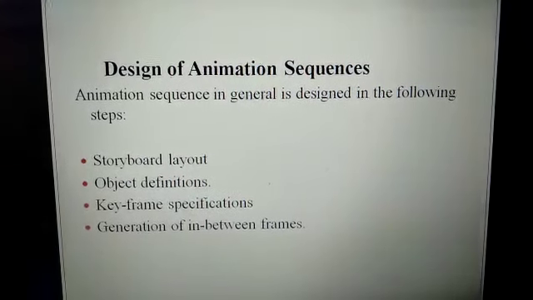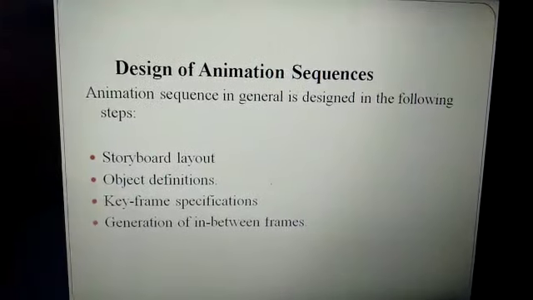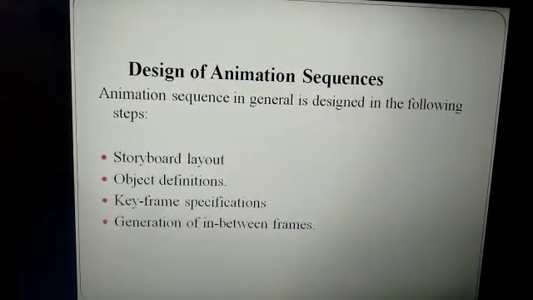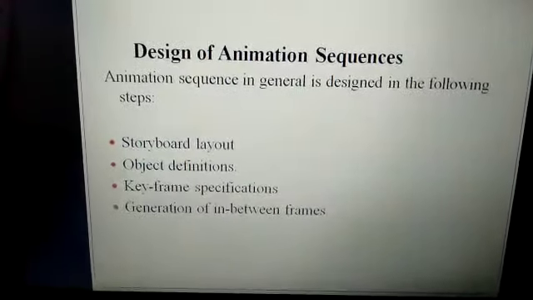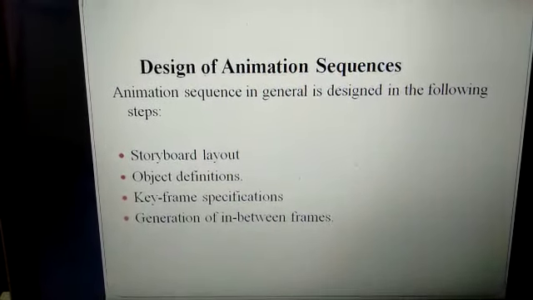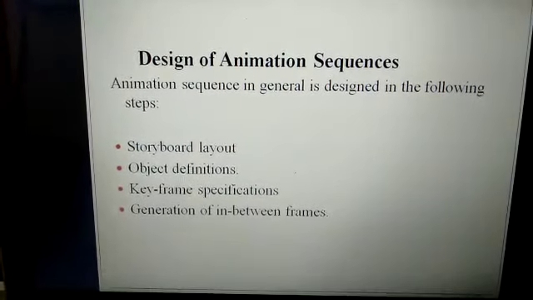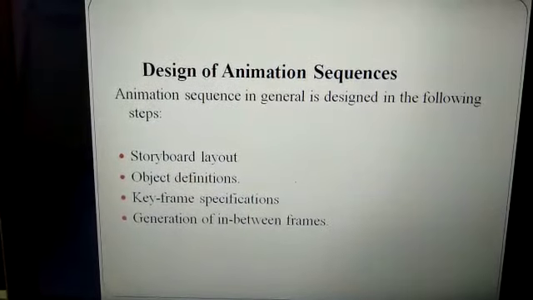An object definition is given for each participant in an action, where objects can be defined in terms of basic shapes such as polygons or splines, surfaces, etc. A keyframe is a detailed drawing of a scene at a certain time in the animation sequence. Within each keyframe, each object is positioned according to the time for that keyframe.